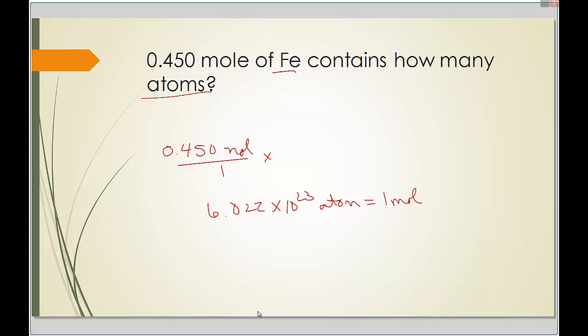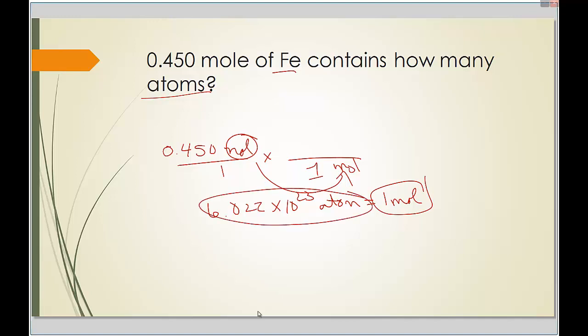I have moles on top, which means I want to put moles on the bottom of the next one. 1 goes with moles. 6.022 times 10 to the 23rd atoms goes on top. So it'd be 0.45 times 6.022 times 10 to the 23rd, which comes out to be 2.71 times 10 to the 23rd atoms.